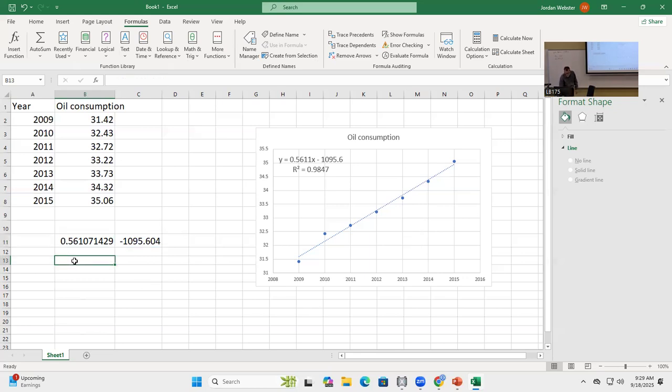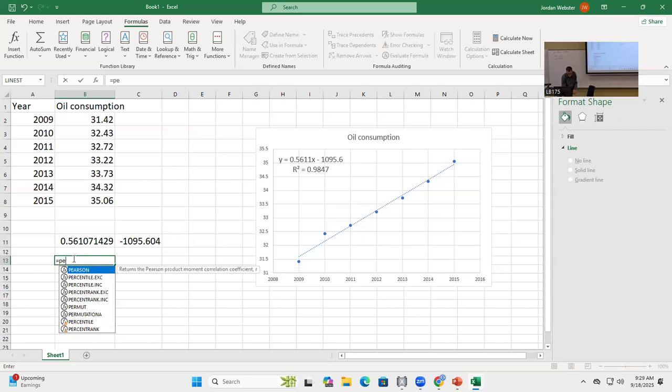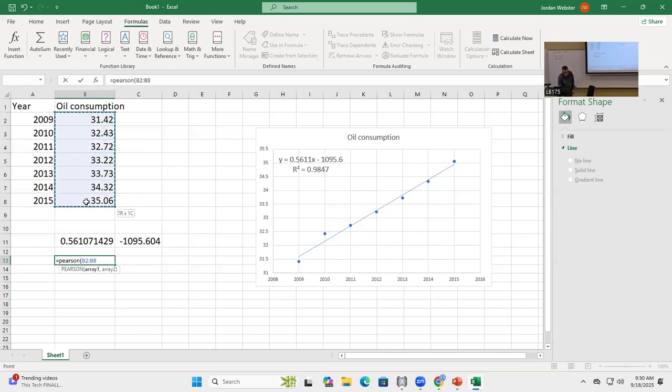And then another one, you can also find the Pearson correlation coefficient by just typing in your X values, comma, your Y values, or vice versa. It turns out for the Pearson correlation coefficient it doesn't matter. And so that's your R value, 0.9923.